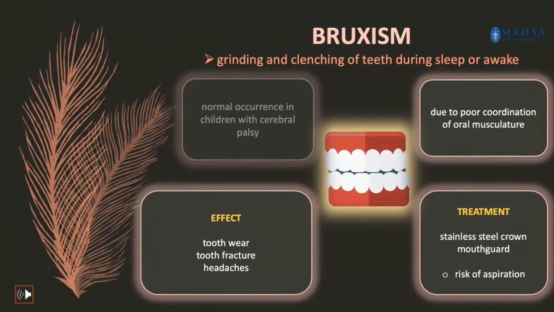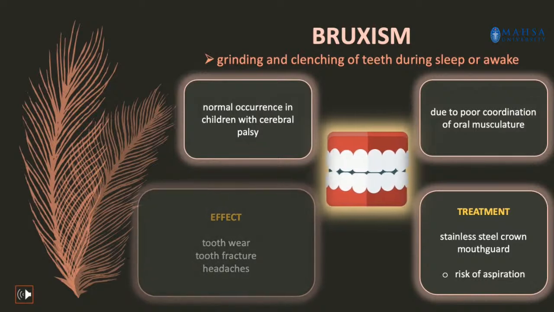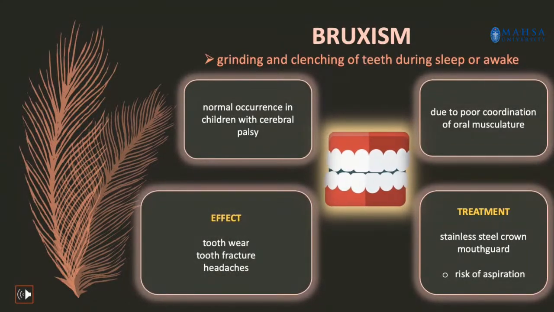It is a normal occurrence in children with cerebral palsy due to poor coordination of the oral musculature. The effects are tooth wear, tooth fracture, and also headache. The treatment includes a stainless steel crown and a mouth guard. But extra care has to be taken due to the risk of aspiration.